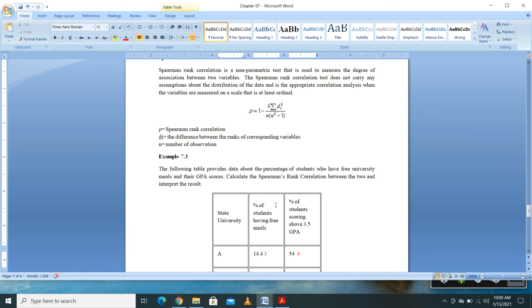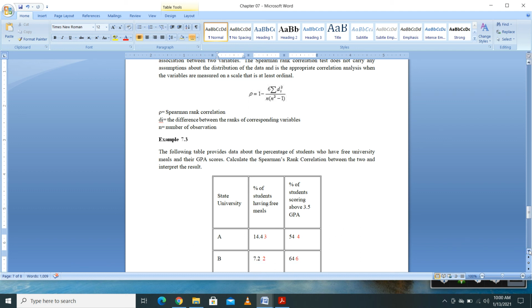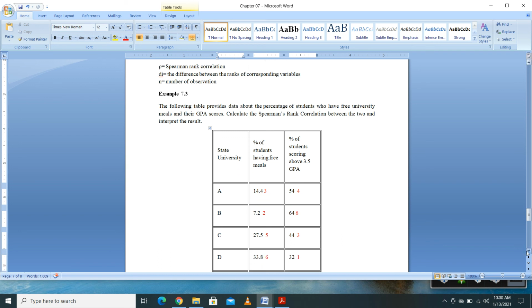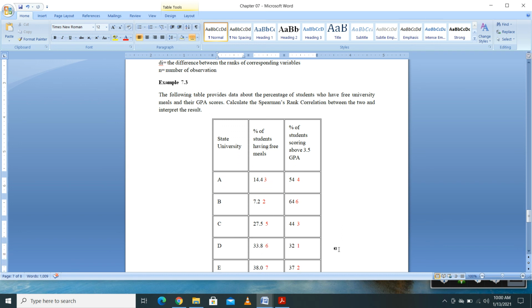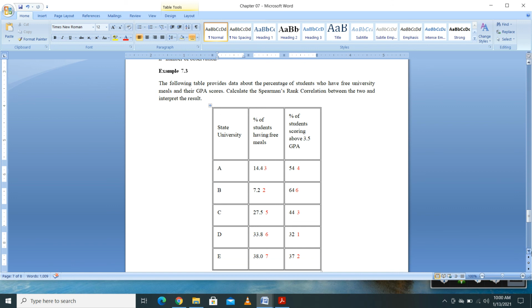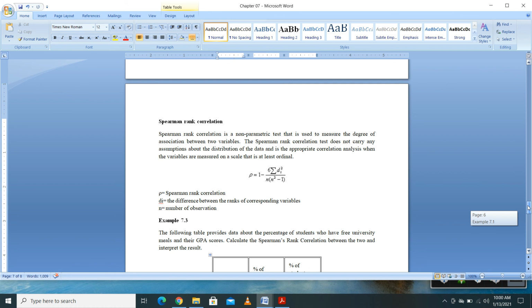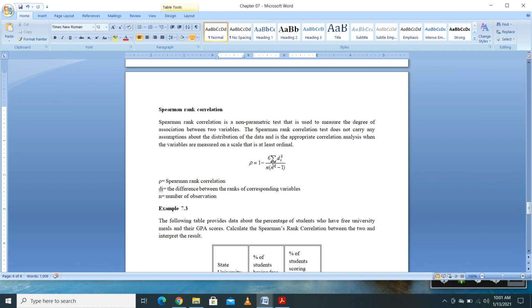So 3 minus 4 is minus 1, squared, plus 1. And when you take 2 minus 6, that is minus 4, squared, 16. 5 minus 3, 2, squared 4. 6 minus 1, 5, squared 25. 7 minus 2, 5, squared 25. Likewise, you have to take the squared difference value. And if you have the squared difference values, now you can apply them to the equation.